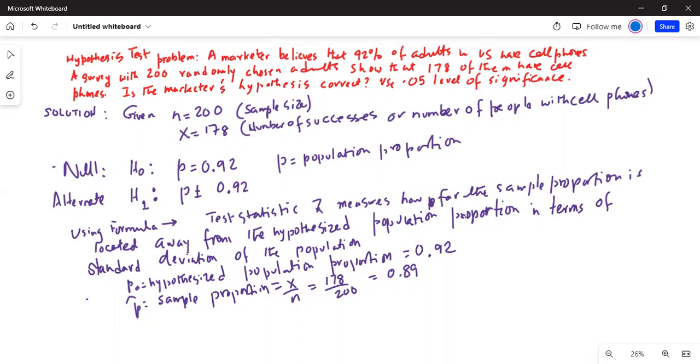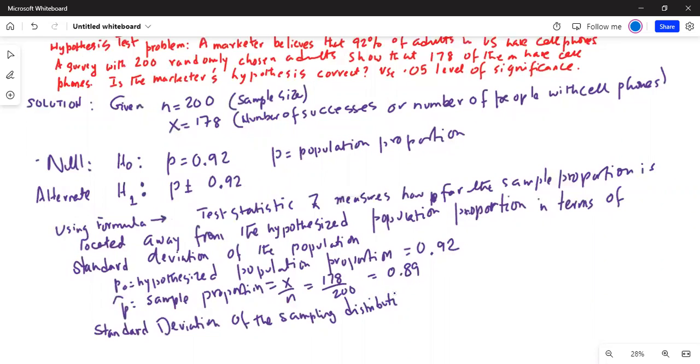Now, standard deviation of the sampling distribution is given by square root of p times 1 minus p divided by n.